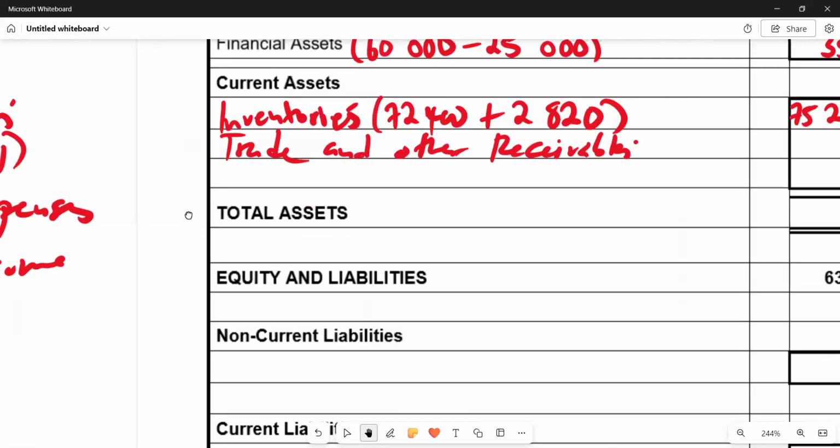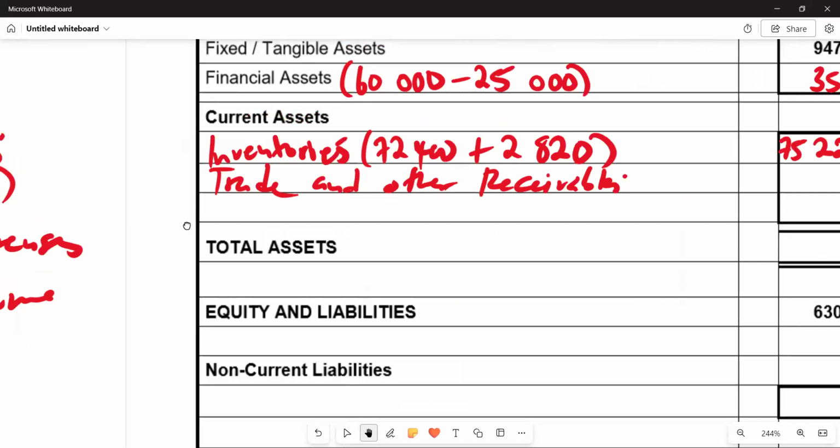We are now here. We are saying, if you put it in brackets here to show the working, I have no space here, but I will just try to make sure that it's clear. We are saying trade and other receivables 14,600. Then we add our 3,400.